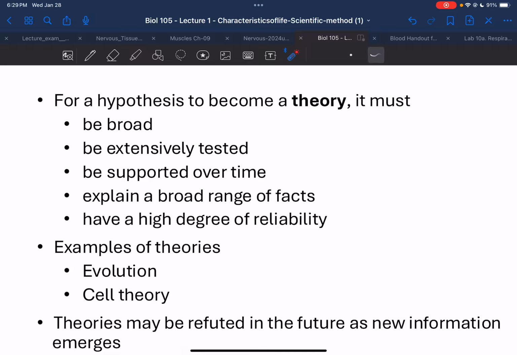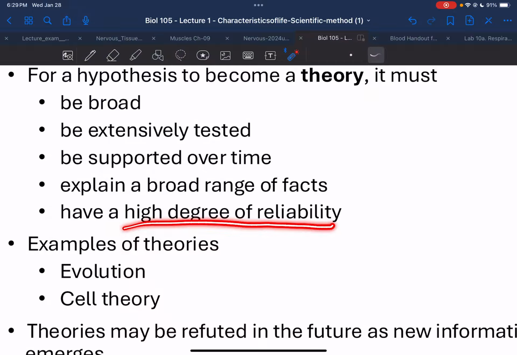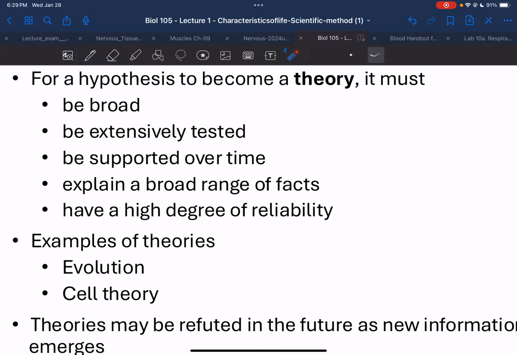And so they will be supported over time, meaning that no matter what new information comes, it still holds true. And it also unifies ideas, like cell theory, which we'll learn a little bit about later. And so this makes it highly reliable, and this makes it so that you don't waste your time on bad information.